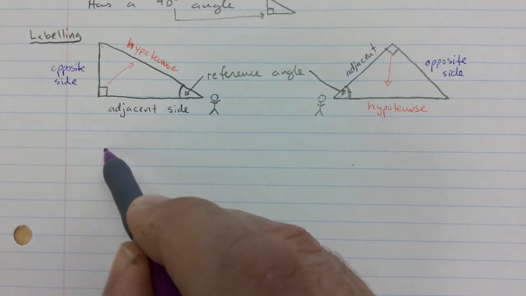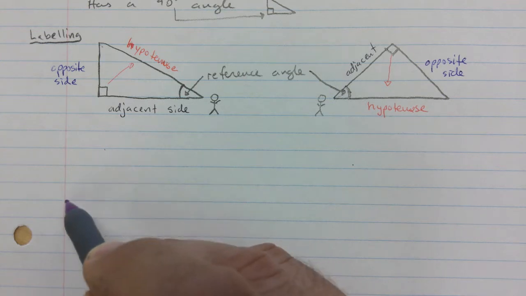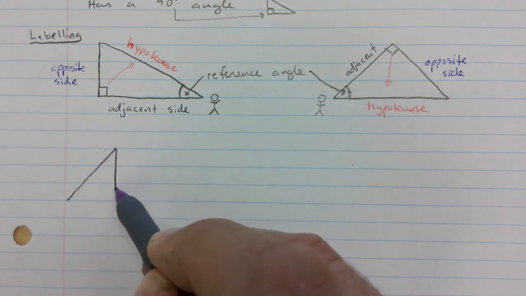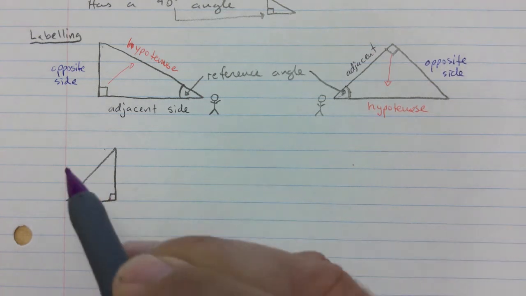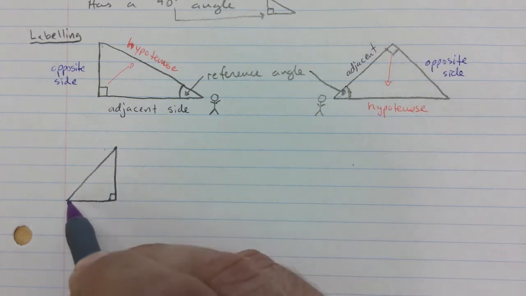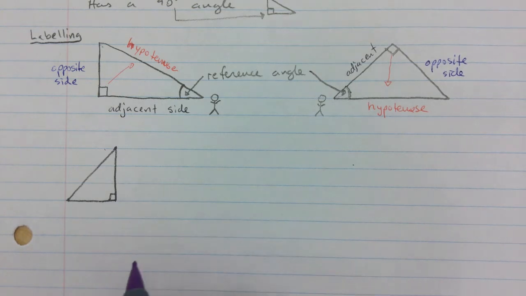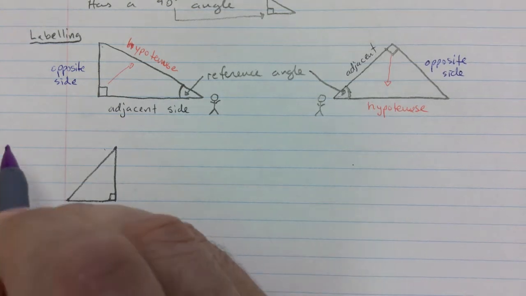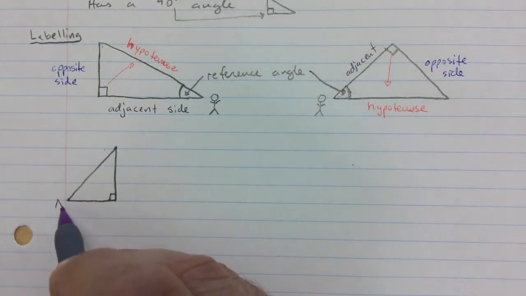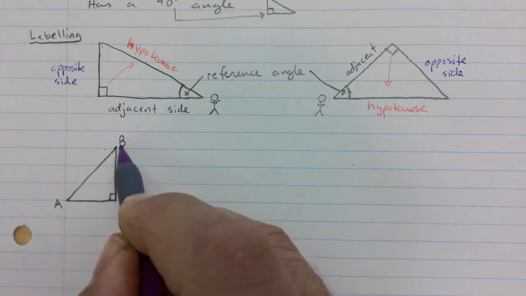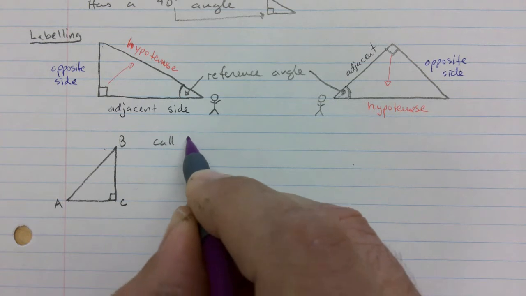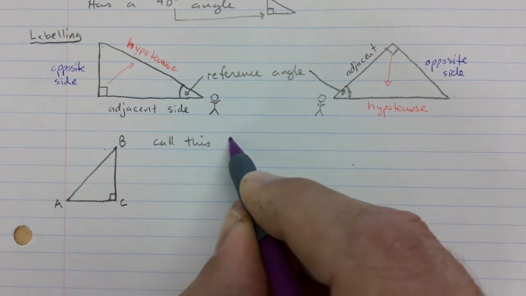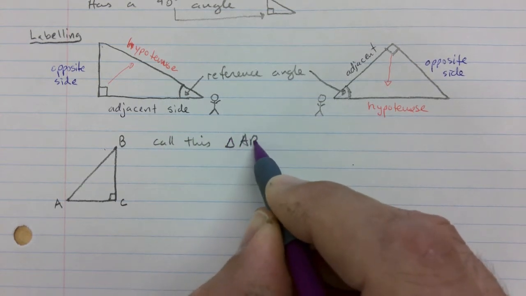So let's draw one like this, okay? Normally, the angles or the corner points are denoted by a capital letter. So if this is A, B, C, we call this triangle ABC.